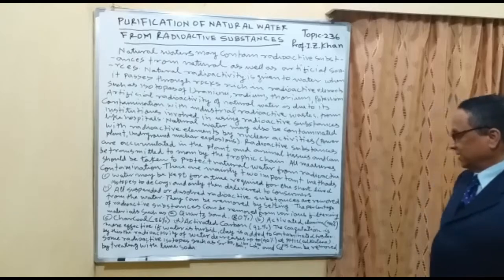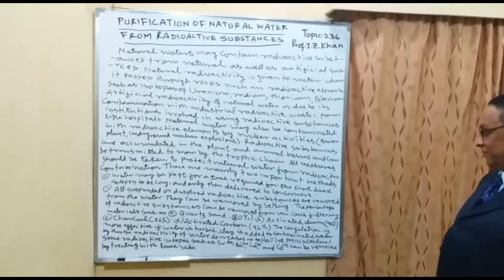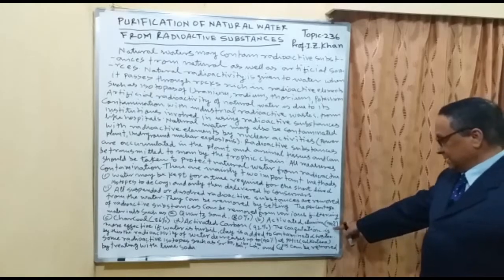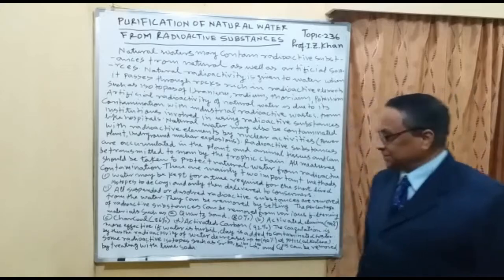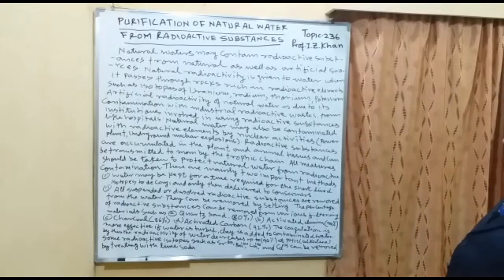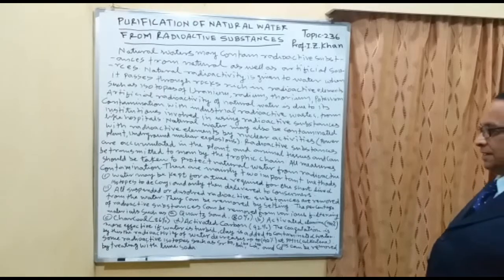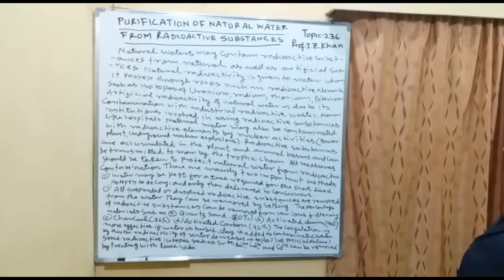B, if it is filtered through activated aluminum, it will clear 94% of radioactive substances. And then C, by charcoal bed filtering, 86% will be removed. D, by activated carbon filtering, 92%.